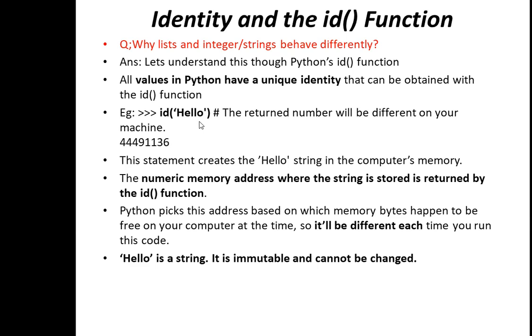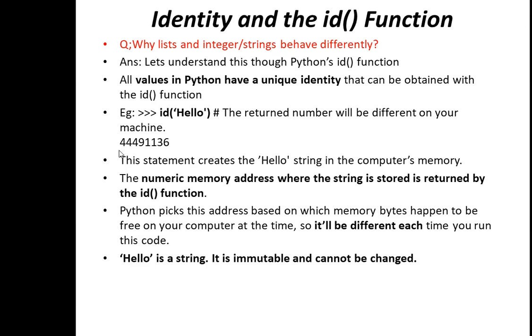If you just type ID hello in your IDLE screen, hello is a string that would be allocated space in the computer memory, and we can get the address of that memory just by typing ID. And remember, this number keeps changing. That's because each time a different memory location can be available for that value. So every time you execute, the value can change.